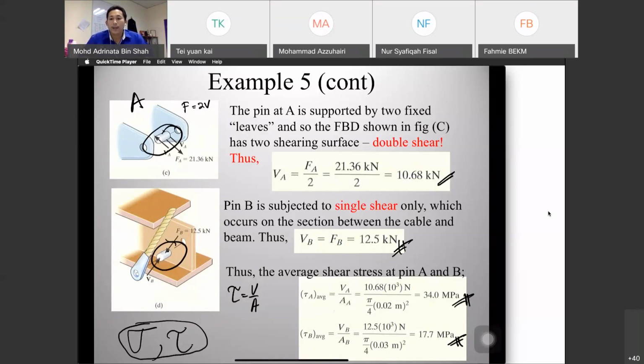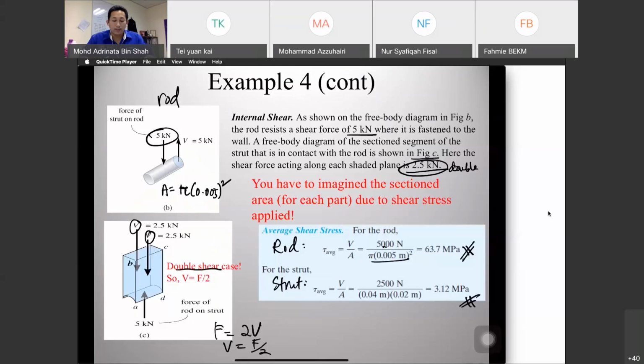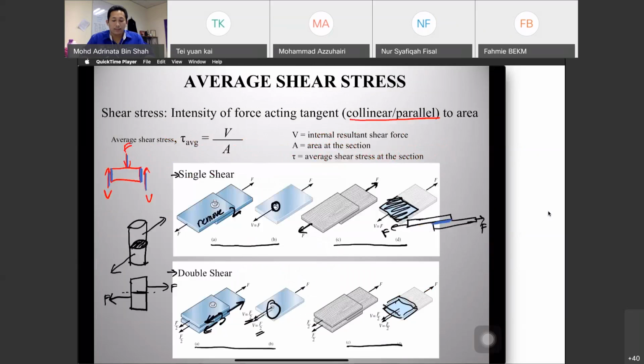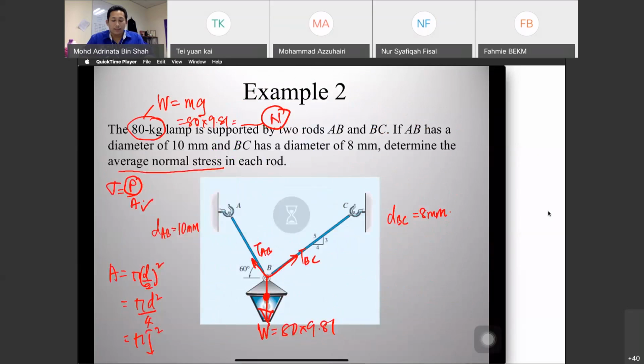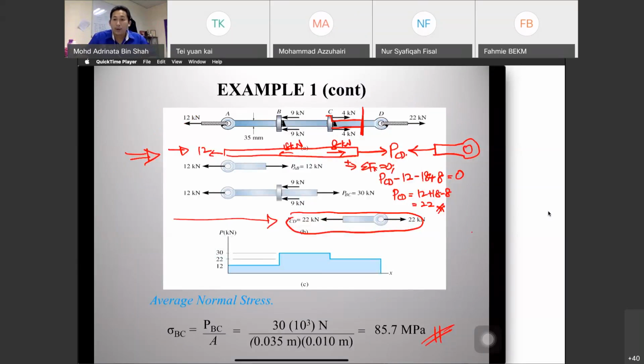Okay, next we want to look at the safety factor. From the examples, this is example 1. You have calculated your normal stress and you get 85.7 megapascal.